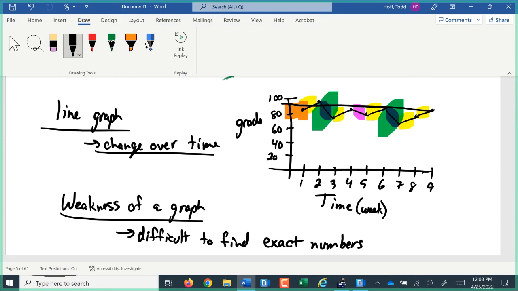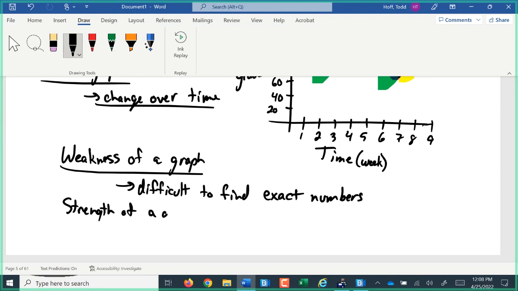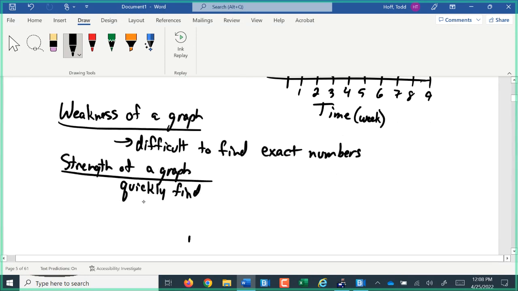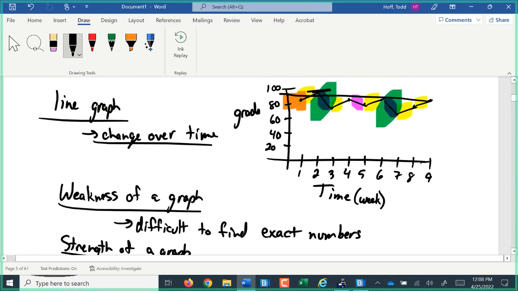The power, the strength of a graph is to very quickly find the largest values. Here we can fairly quickly find the highest point on the graph. What week was your best score was right there.